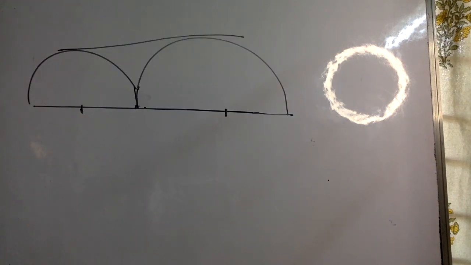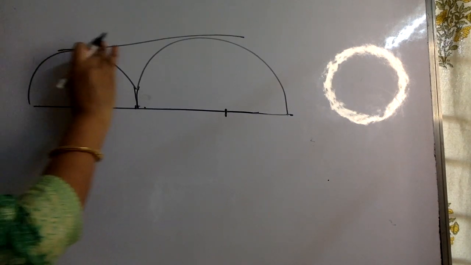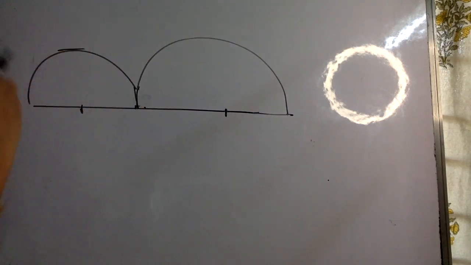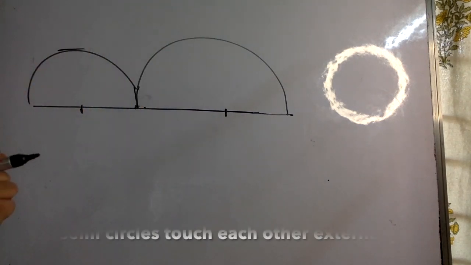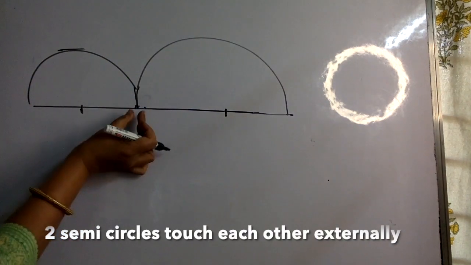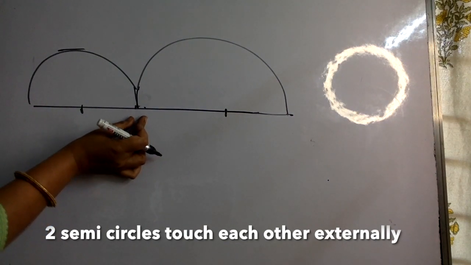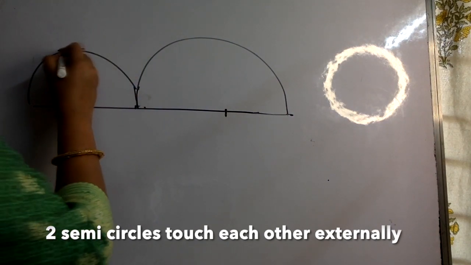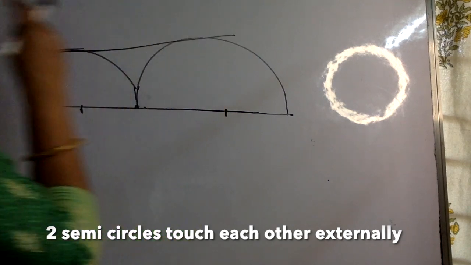Now if you see the second sum, it is again two semicircles, but they touch each other over here, and there is a common tangent passing through them.